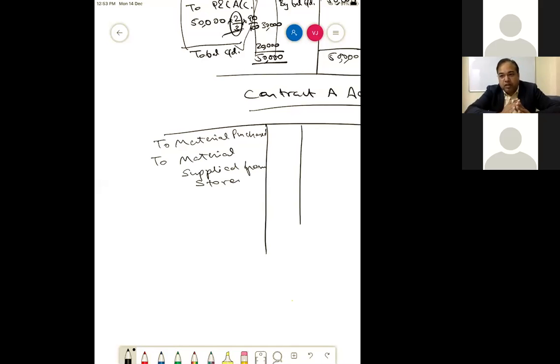And if material is coming from another contract, for example, there are three contracts, A, B, and C, and material is left in contract B, either before completion of work or during the process of work. Now you want to transfer it to contract A. If there is any remaining material in B, you can transfer it to A. That's why I have written contract A account.